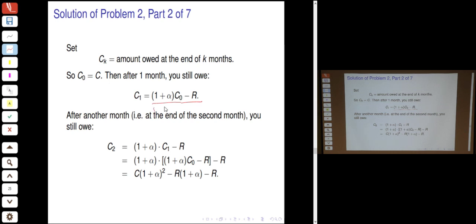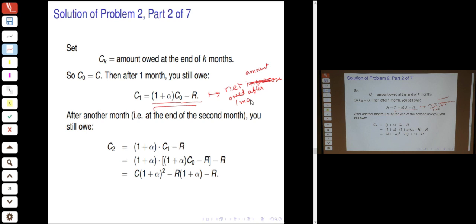So this is the net increase of our debt in 1 month, or net amount owed after 1 month. Okay. So this is C1 equal to 1 plus alpha times C0 minus R. So we can call it the net amount owed after 1 month.